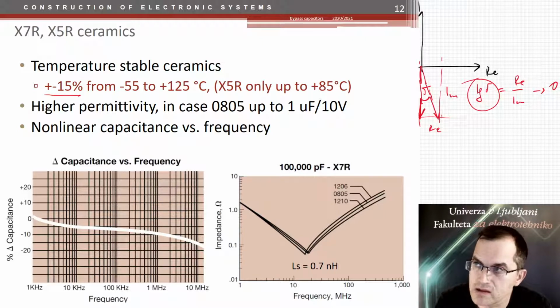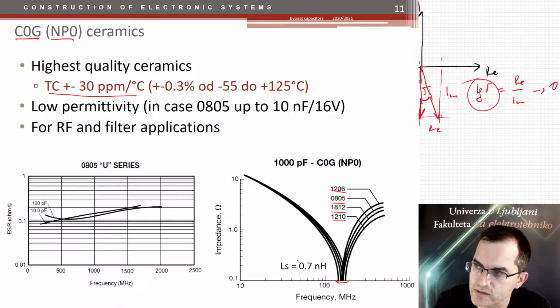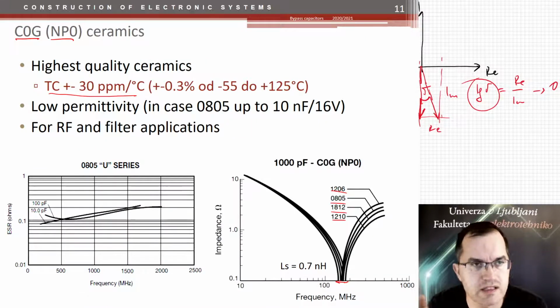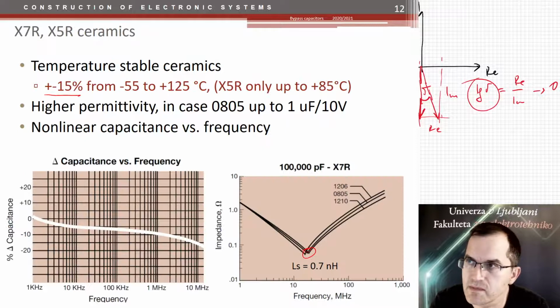The values of the capacitances can be much larger, but their capacitance is also quite dependent on frequency, up to 10%. But regarding the case, their series inductance is in that range as well. So it's not much different than here. It's all more or less dependent on the case size.